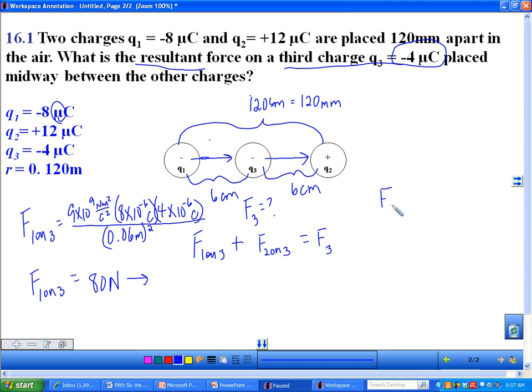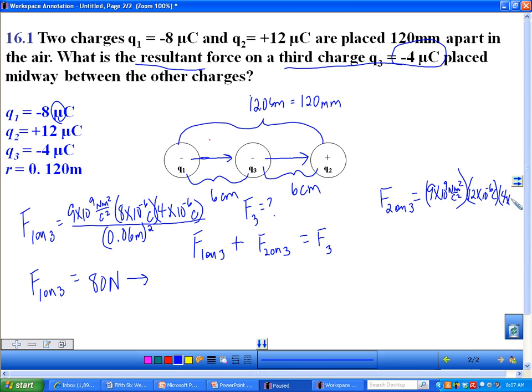Now I want to do the force of 2 on 3. So I'll do 9 times 10 to the 9th times Q2, which is 12 microcoulombs. And micro is 10 to the minus 6, so that's where I'm getting that minus 6 from.